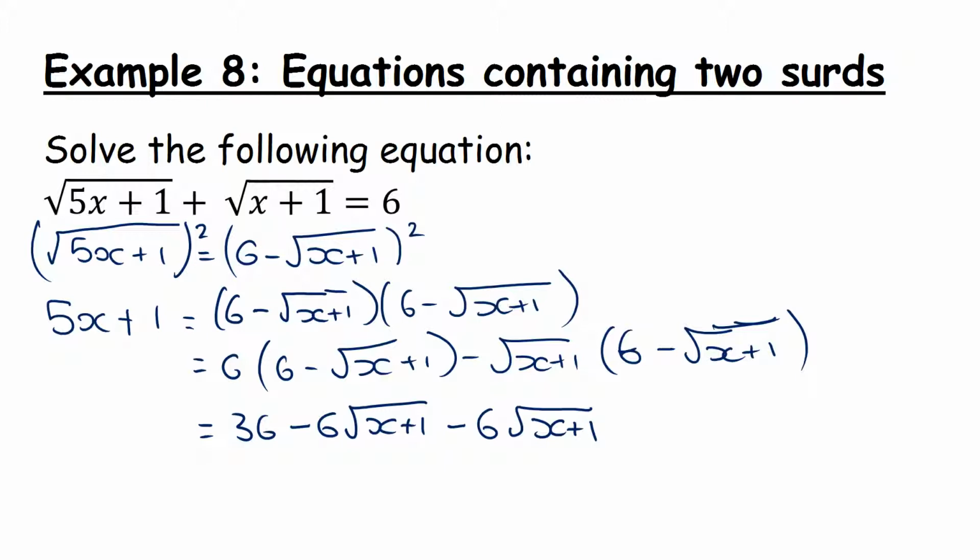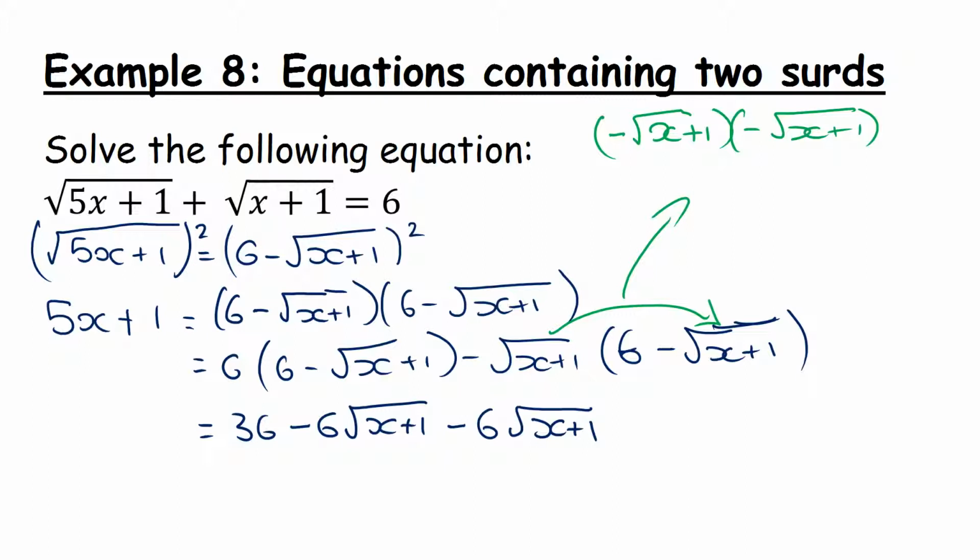So now here we have, and I'm just going to do a little bit of an aside for this. Just up here where I might have a bit of space, I want to multiply the negative of root x plus 1 by the negative of root x plus 1. Well, what basically we have is minus the square root of x plus 1, all squared.